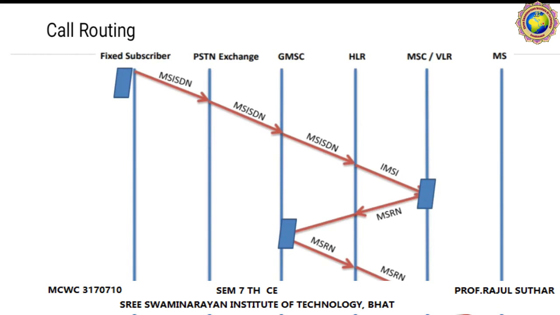Therefore, the HLR needs to inquire with the VLR for the MSRN. The VLR allocates an MSRN from the associated pool to the call and creates a link between the called subscriber's IMSI and the MSRN.